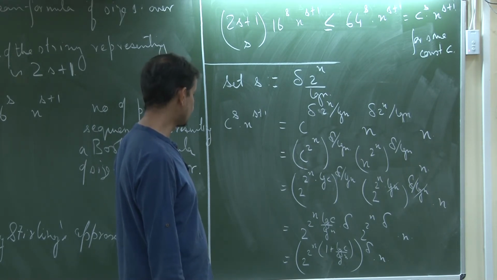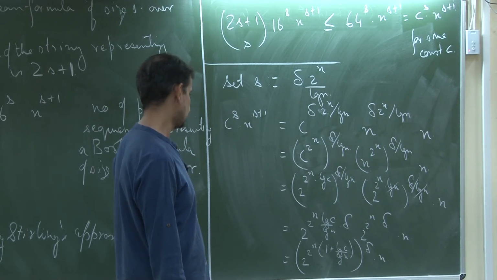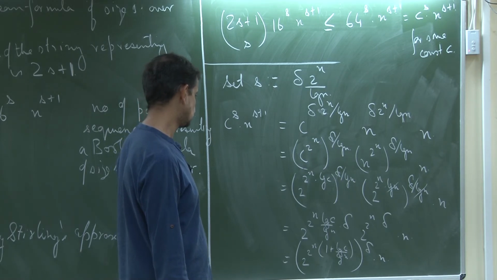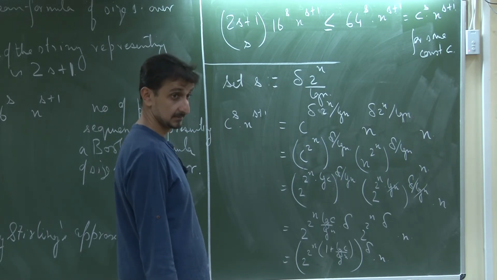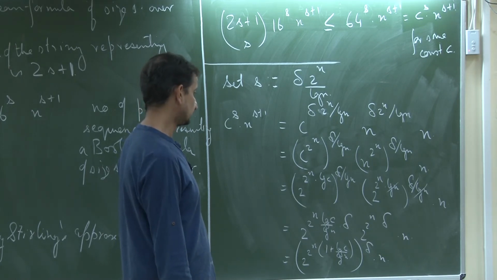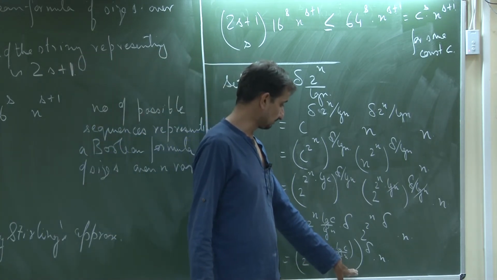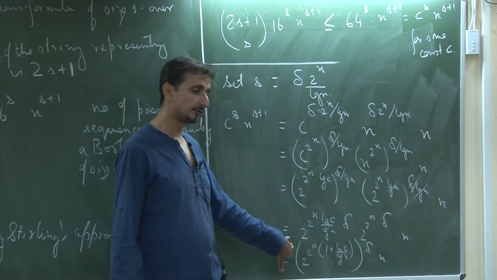If delta is 1, then it won't be asymptotically smaller than 2 to the power 2 to the power n.